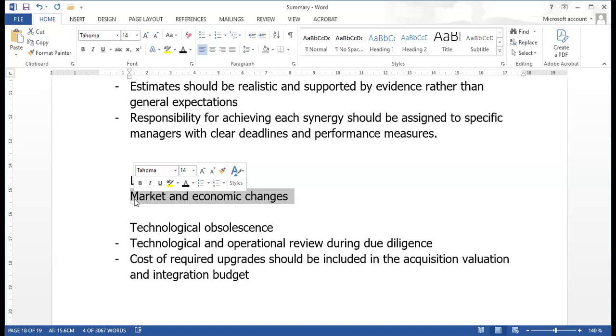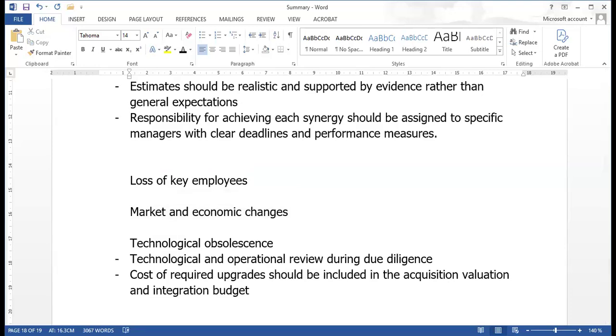You should diversify your customer base between tourists, business travelers, conferences, and local customers. Don't focus on only one segment of customers. That's how you can safeguard that.